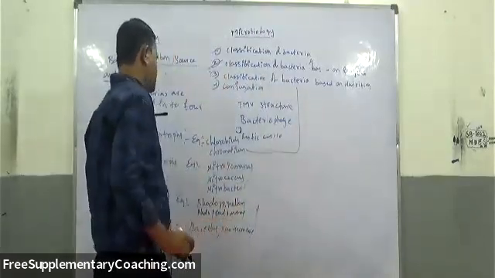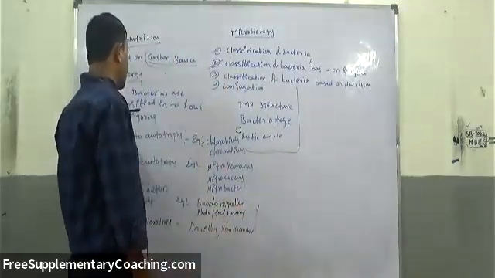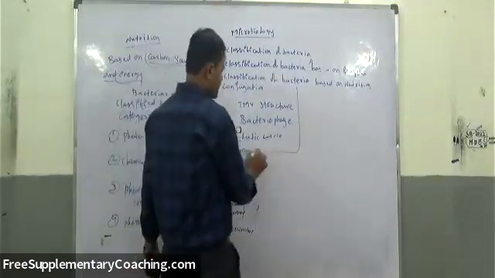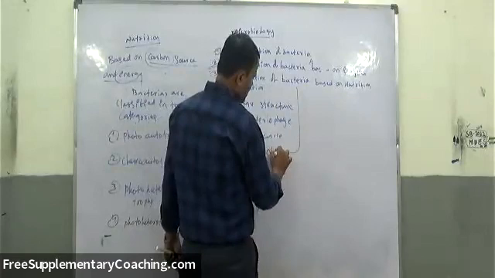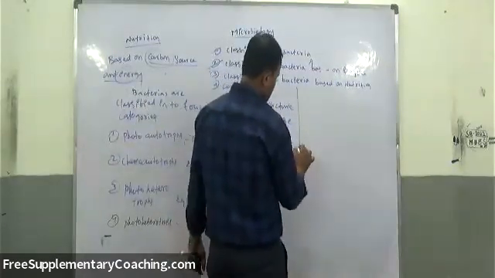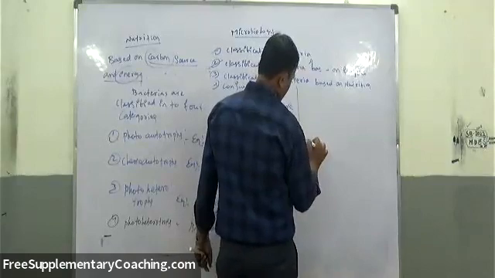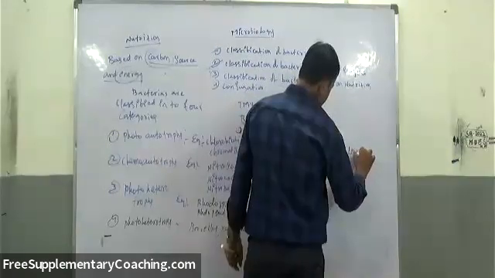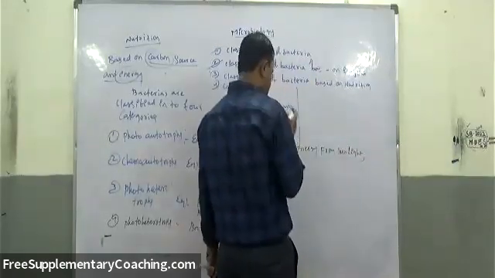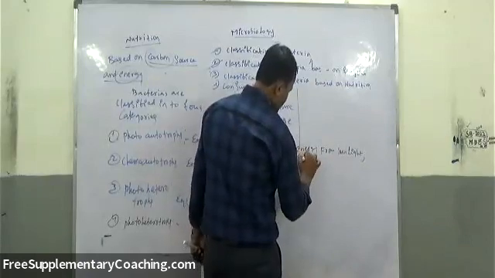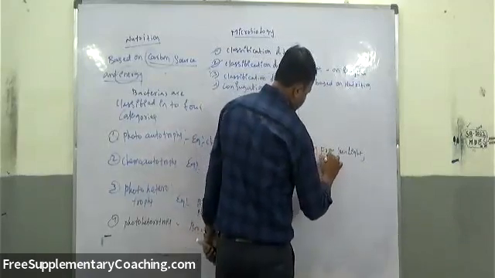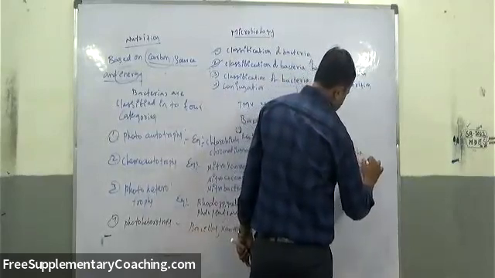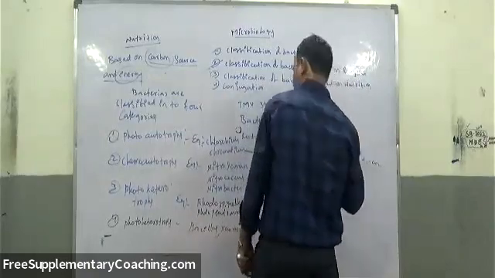See, photoautotrophs obtain the carbon from atmospheric carbon dioxide and the energy from sunlight. They obtain the energy from sunlight and the carbon from atmospheric carbon dioxide.